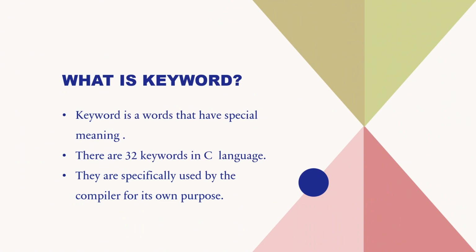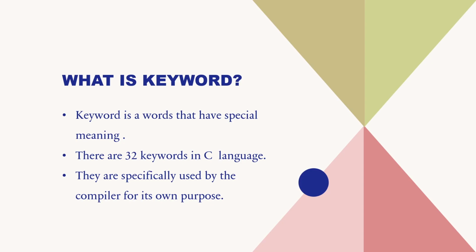A keyword is a word that has a special meaning. In C language, there are particular words which have a special meaning and their meaning is fixed. We cannot change it. For example, if I have to store an integer value in a variable, I have to use a keyword known as int. By using that keyword, I can store an integer in a variable.